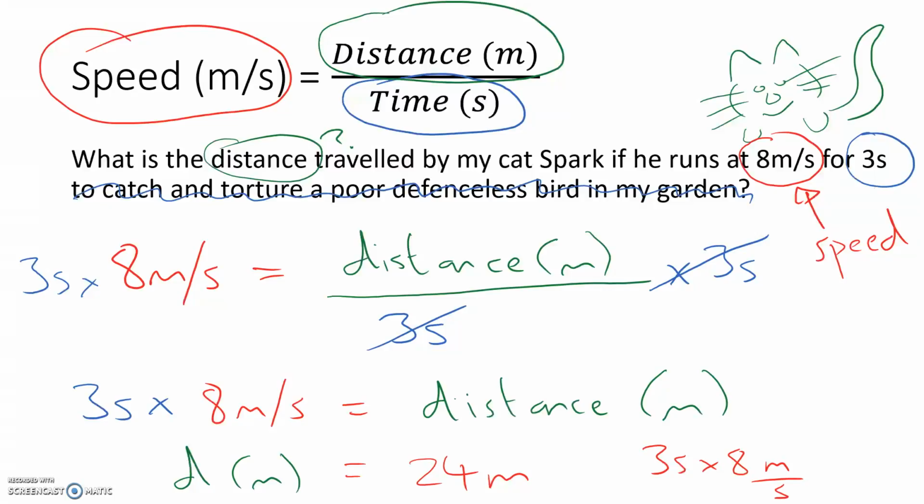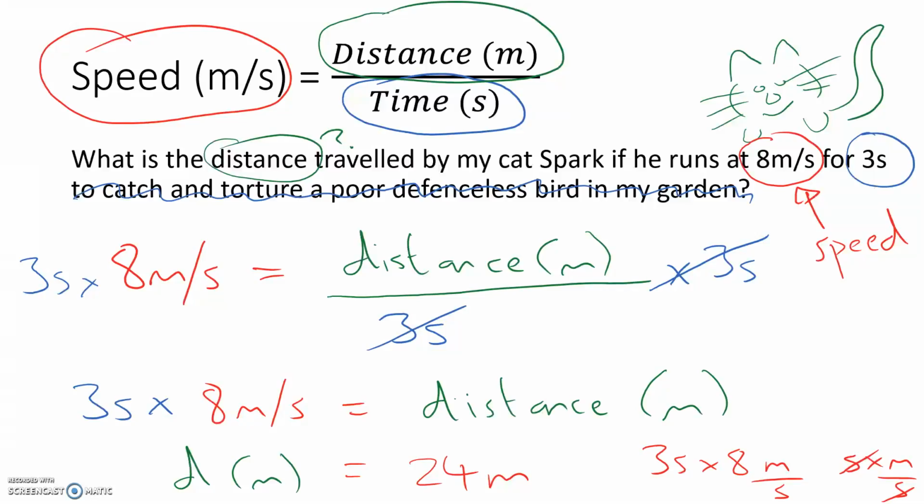Obviously that gives us 24. But it gives us seconds times meters per second. And we can cancel those seconds divided by seconds. So we do indeed just get left with 24 meters. Okay, so our answer looks correct. The distance travelled by my cat is 24 meters.